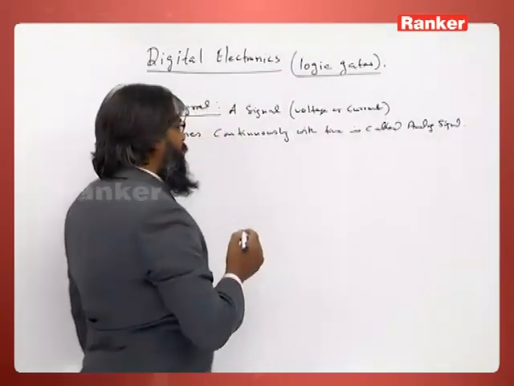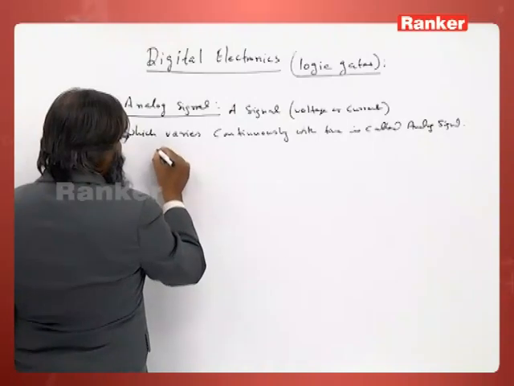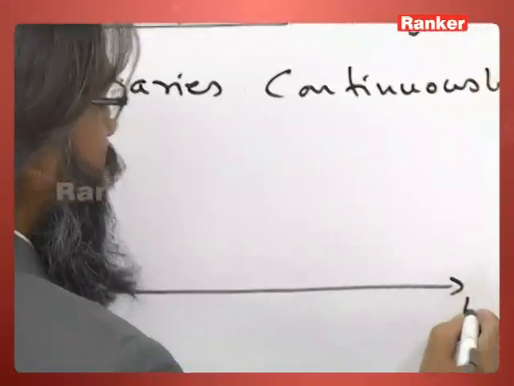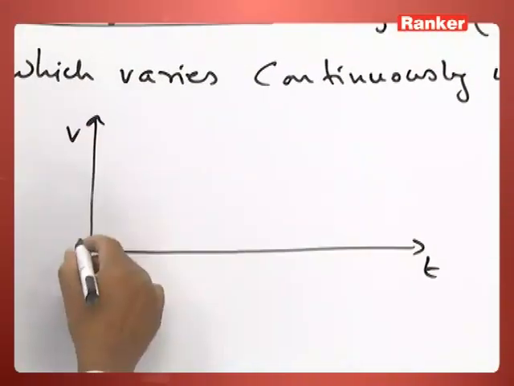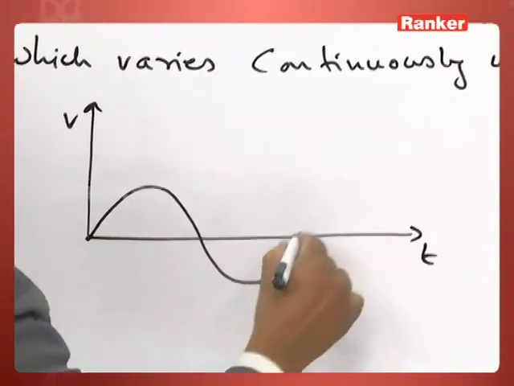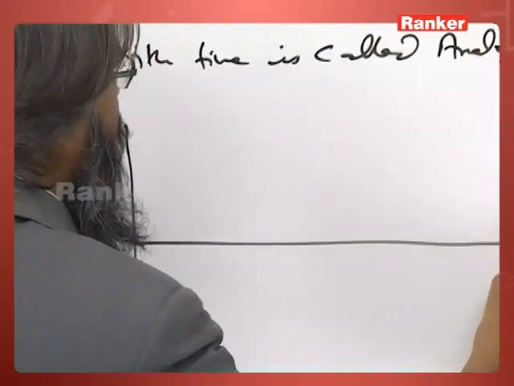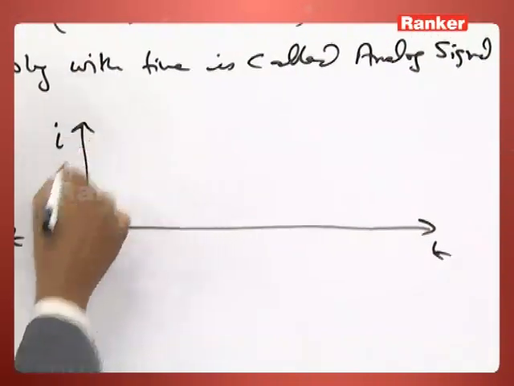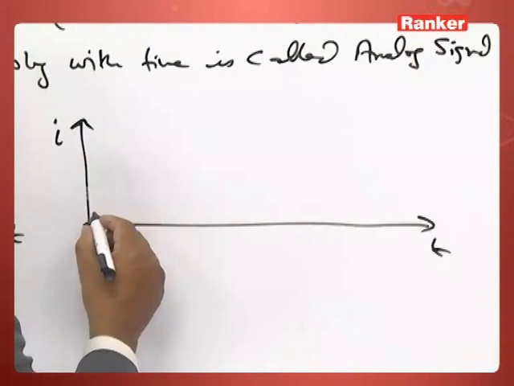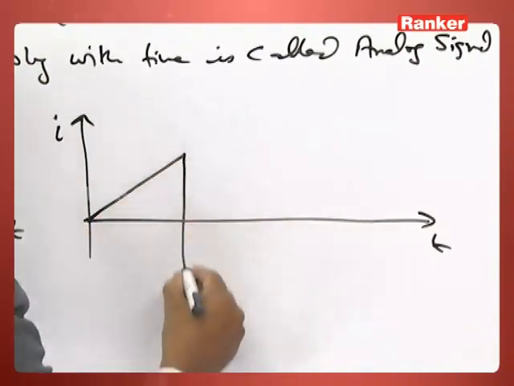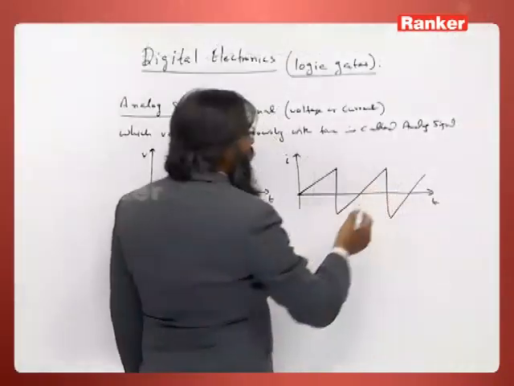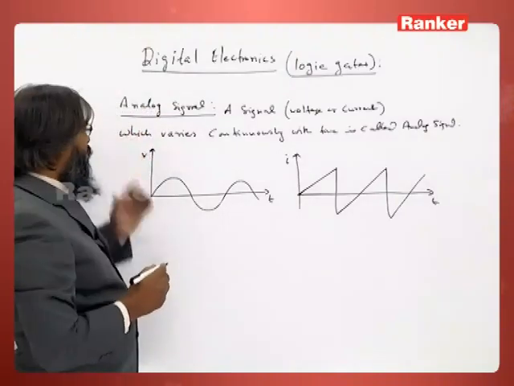So, it can be a current or voltage. If something varies with time, suppose this is voltage, it varies with time like this. So, this is an analog signal. It can have any waveform, suppose it is current and it varies like this. This is also an analog signal.